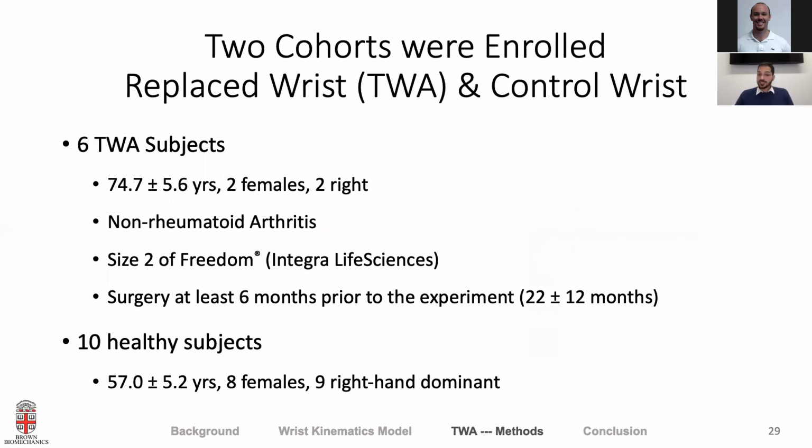So we enrolled 6 subjects with total wrist arthroplasty and 10 subjects with the healthy wrist. In this study, we only look at one of the implant designs, the Freedom Arthroplasty, which is one of the newer generations, and it has good clinical outcomes in the literature.